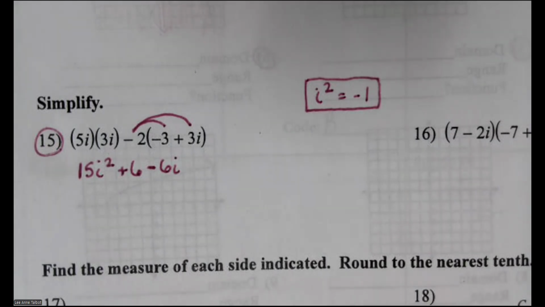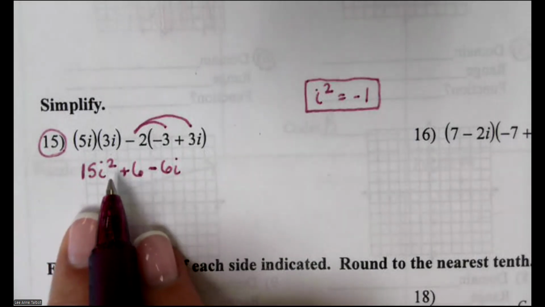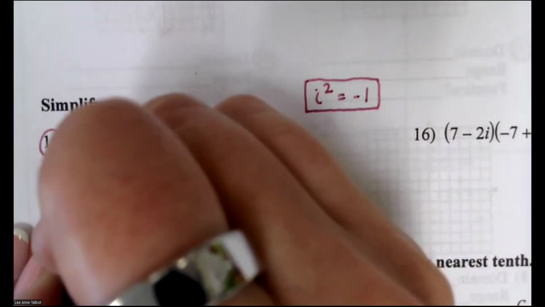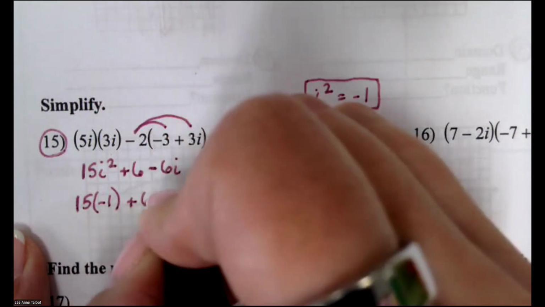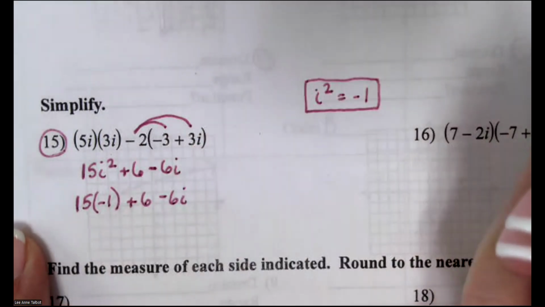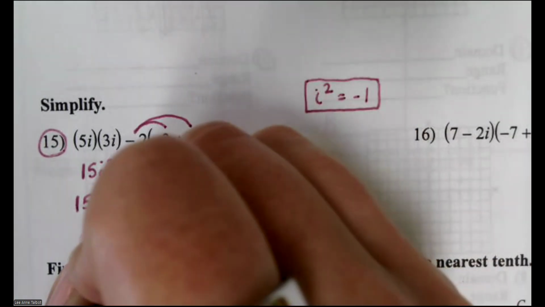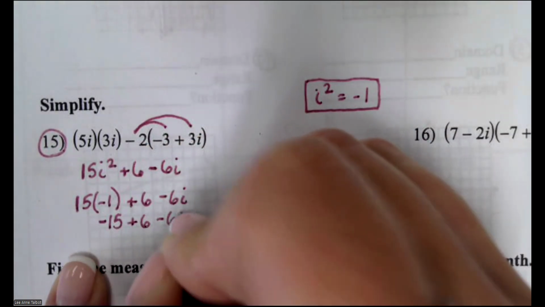Okay, now because it's an i problem, you're going to hunt in here for any i squareds. And if there's an i squared, you're going to replace it with -1. So 15 times -1 plus 6 minus 6i. -15 plus 6 minus 6i.